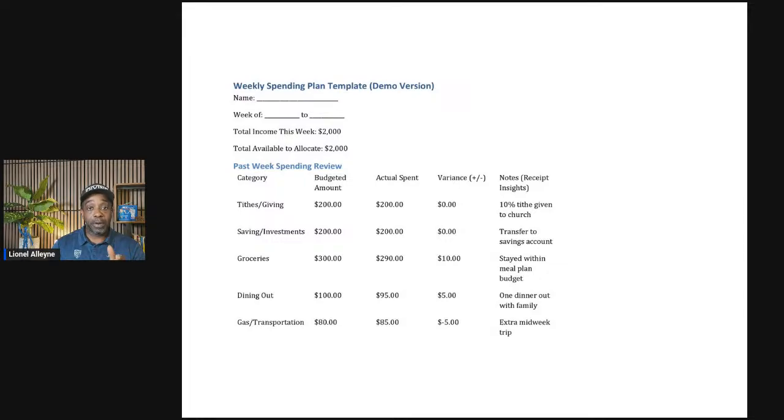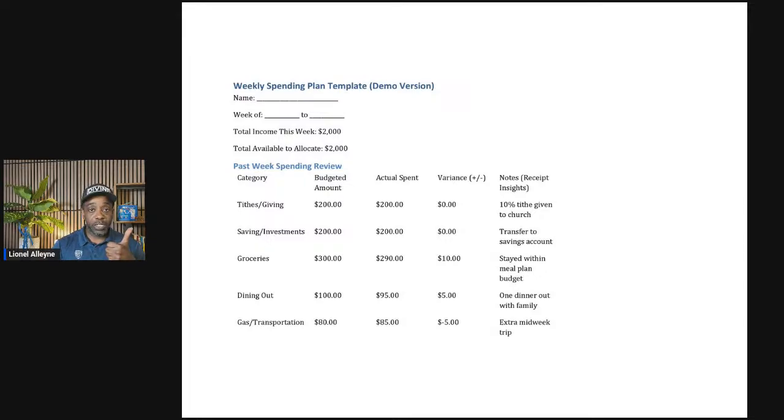You're going to plug in your actual numbers, and then do a little bit of math and figure out what that variance was. That's the third column where you put plus or minus, and just put the dollar amount. You don't need to calculate any decimal points or fractions for this. This is really just basic math. If I allotted $200 for a particular thing and I spent $300, the variance was $100, and then I begin to analyze why that variance occurred, if that makes sense.